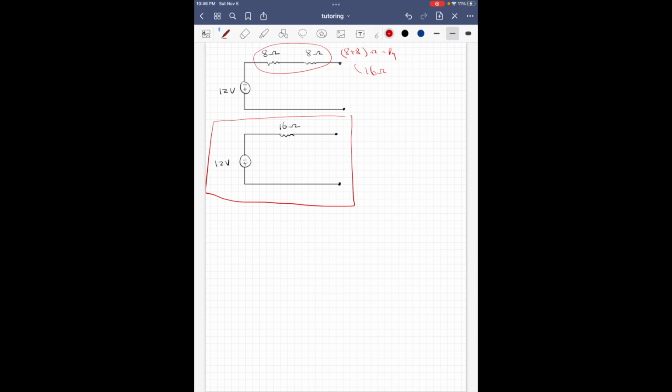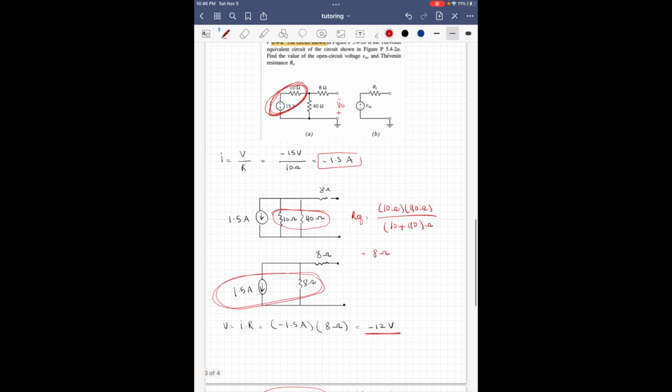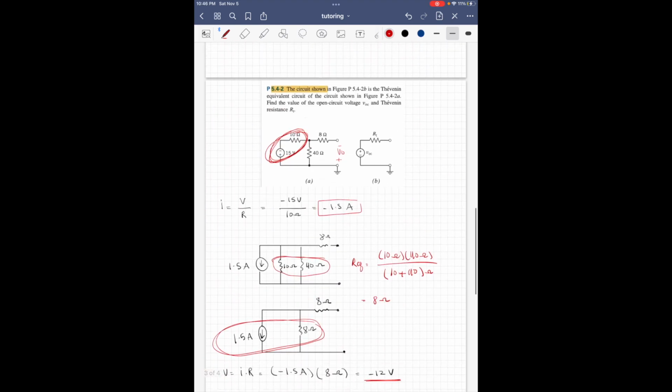The first method requires a little bit of remembering equations and knowing how to implement them, but whichever method you feel comfortable with is up to you. But these are two ways in which you can find the Thevenin equivalent circuit for this problem right here.